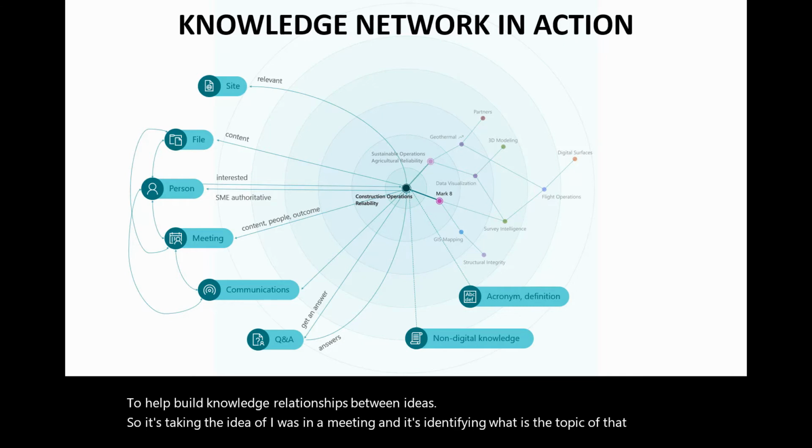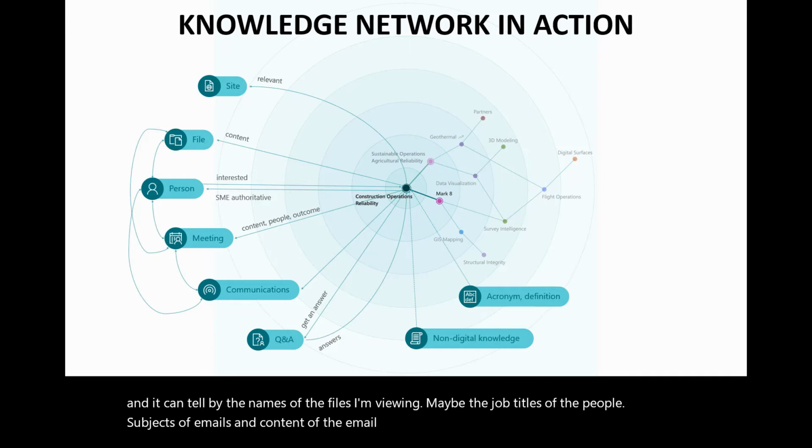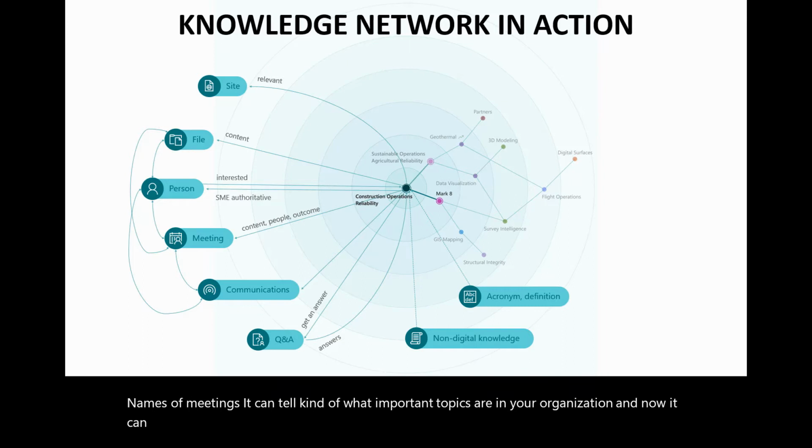It can tell by the names of the files I'm viewing, maybe the job titles of the people, subjects of emails, content of the email body, names of meetings. It can tell what important topics are in your organization. And now it can create a graph of different topics and different knowledge and information in your organization.